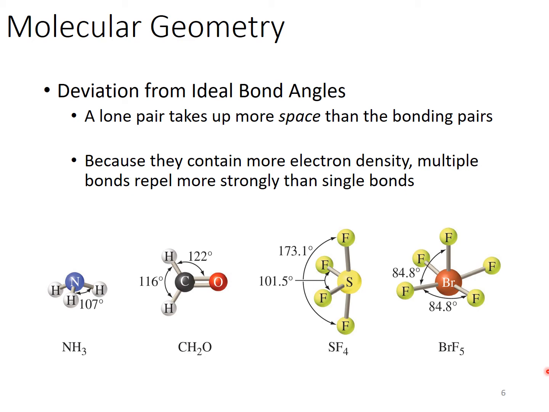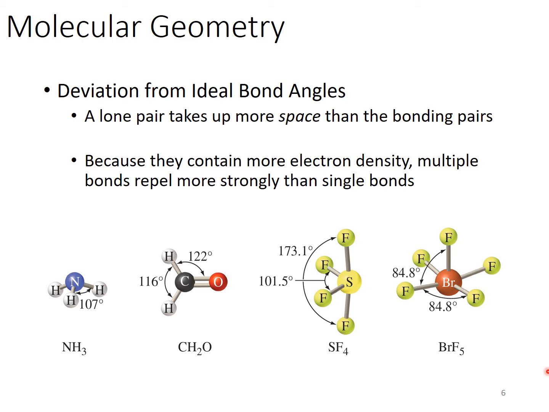But on the flip side, electrons are full-blown negative charge. If it had an atom at the other end, that has a nucleus and a positive charge. So if we're just dealing with electrostatic repulsion, lone pairs are more negative than a bonding pair. So they will push other electron pairs away from them more strongly. These lone pairs contain more electron density.